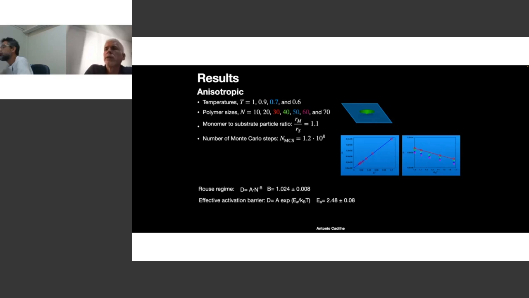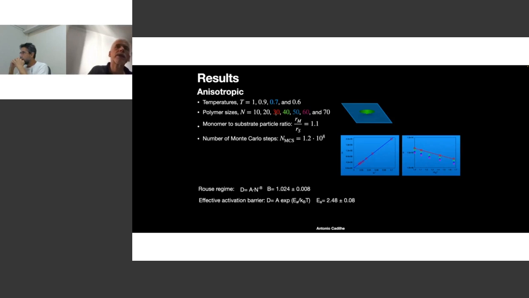It's not the most relevant part, but the relevance is that there is an activation energy barrier. That is the main point. And because now we have a crystalline substrate. So those are the cases.